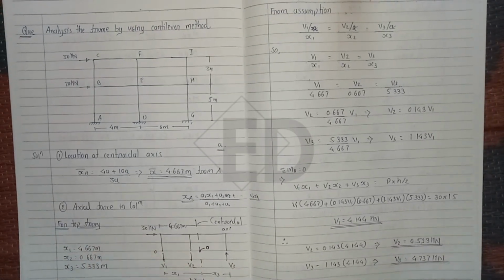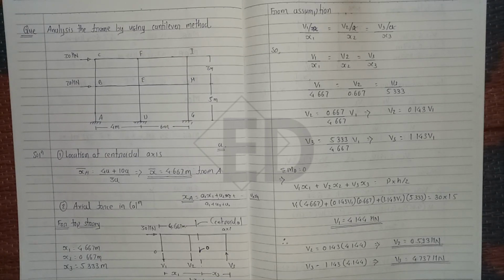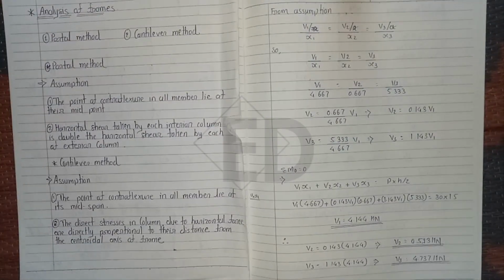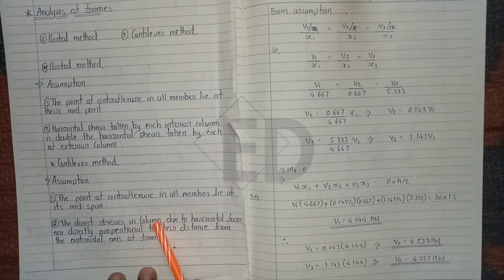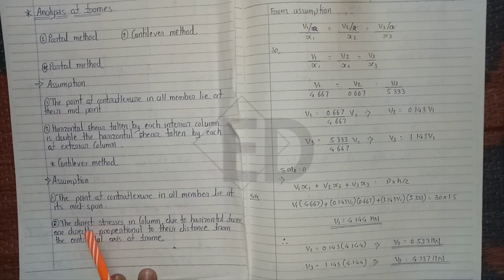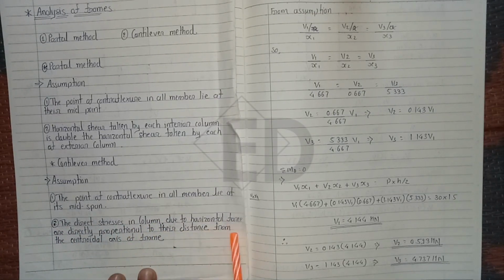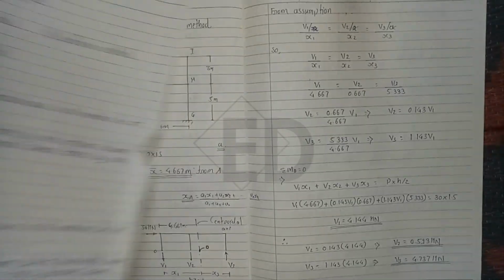Now moving towards our assumption, that is direct stresses in the column due to horizontal forces are directly proportional to their distances from the centroidal axis of the frame.